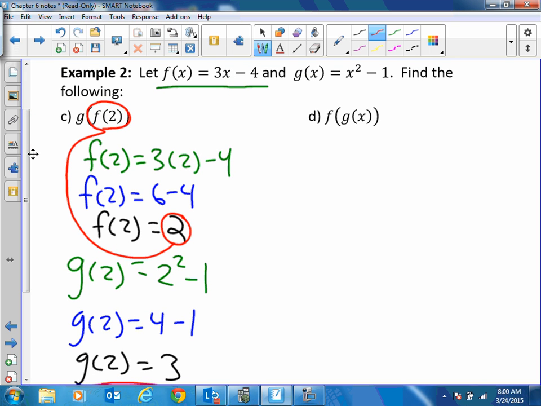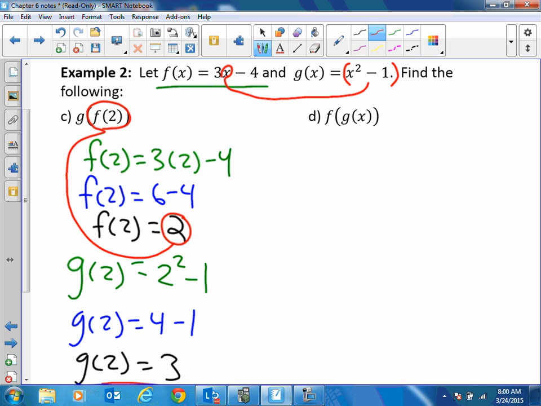Okay, now in D it doesn't really want you to solve, it just wants you to rewrite the function. So you have f of g of x, which means you're going to do g of x first, then you're going to do f of x. Basically, you got to plug in g of x for the x in the other equation. So usually it's f of x, now it's f of g of x. So that means I have to plug in x squared minus 1, which is all of g of x, for x in the other equation, okay?